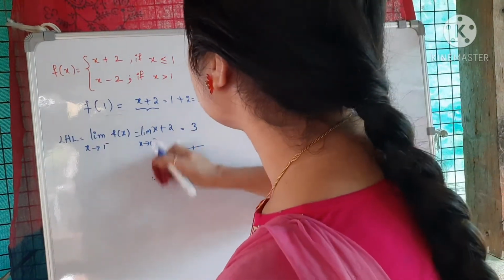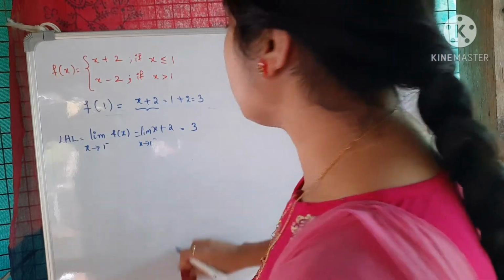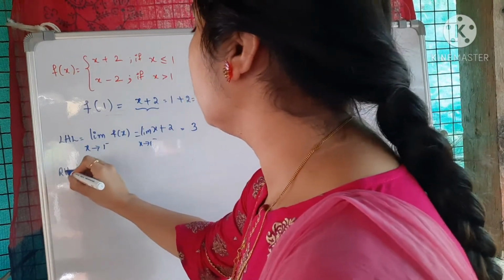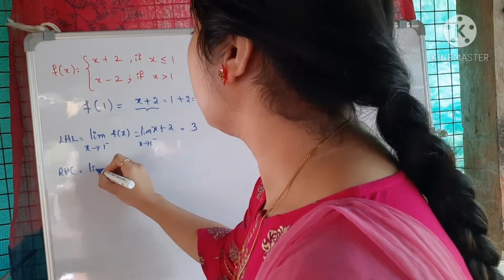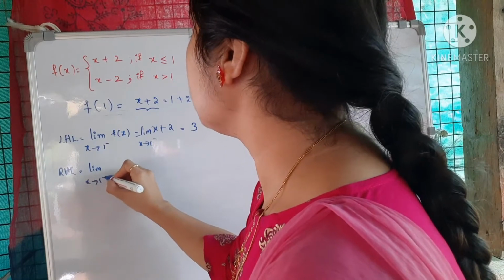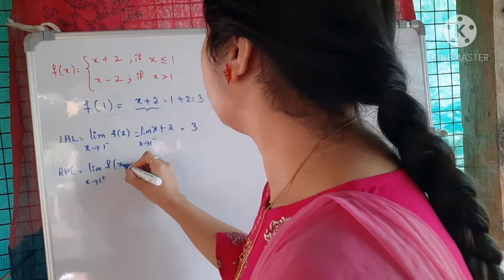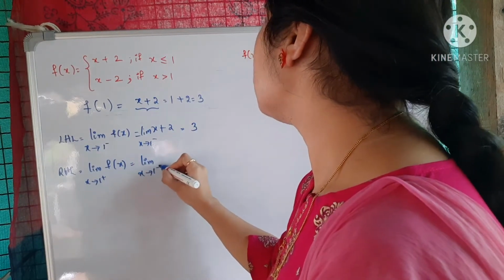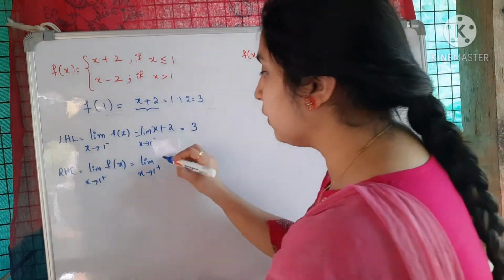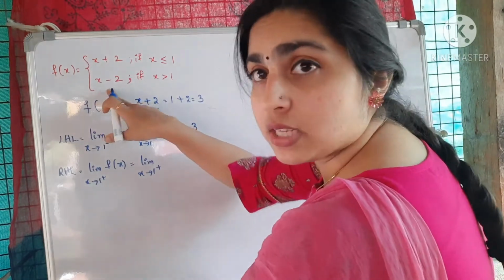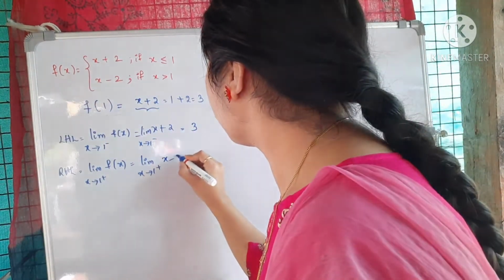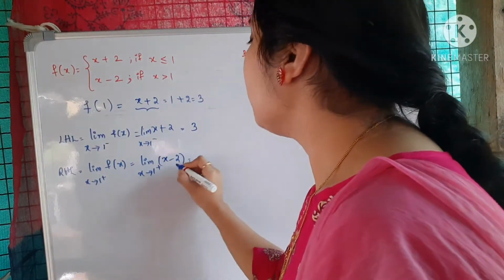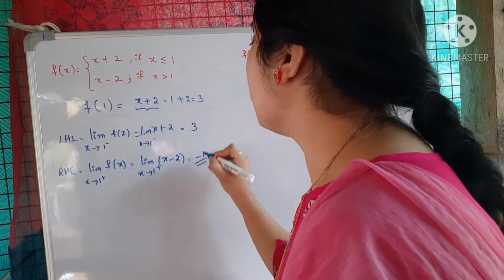And next consider the right hand limit, that is equal to limit x tending to 1 plus f of x. So this is the right hand limit. We use the equation x minus 2, so 1 minus 2 will be equal to minus 1.